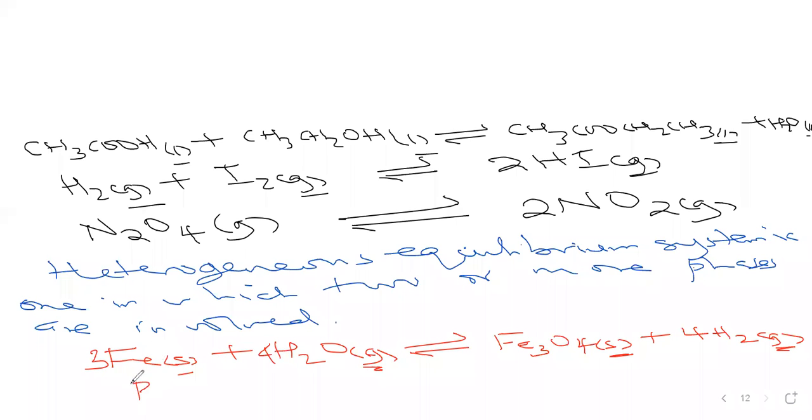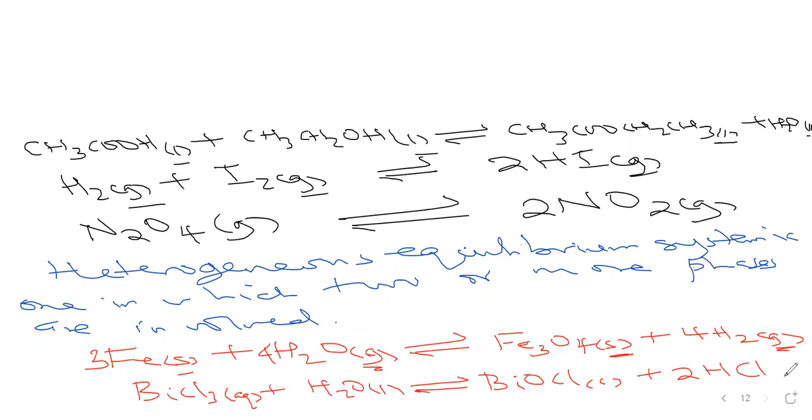We can have the reaction between bismuth trichloride, it's a solution. It's a solution in water. When it undergoes hydrolysis, it forms what we call bismuth oxychloride, a solid, and hydrochloric acid.